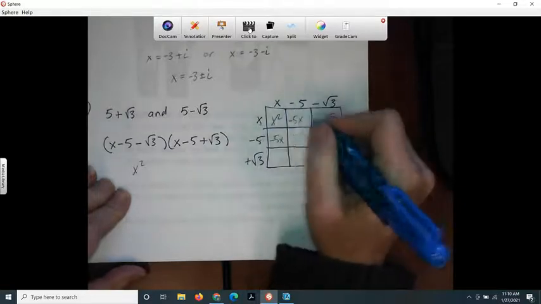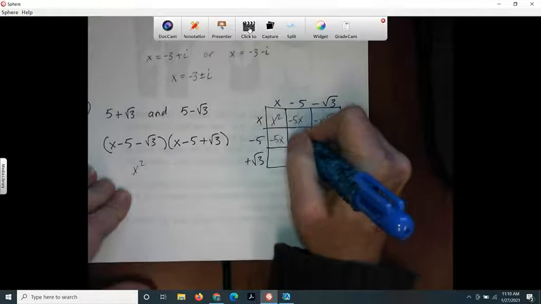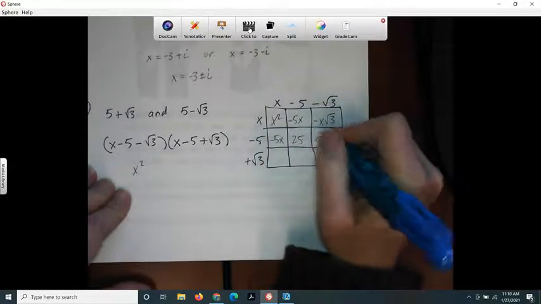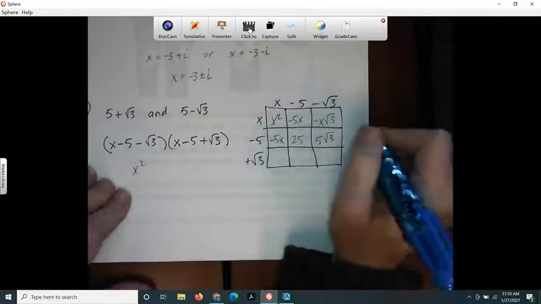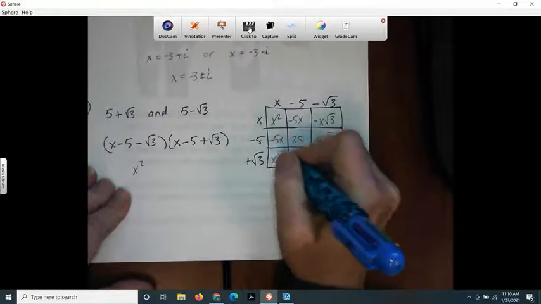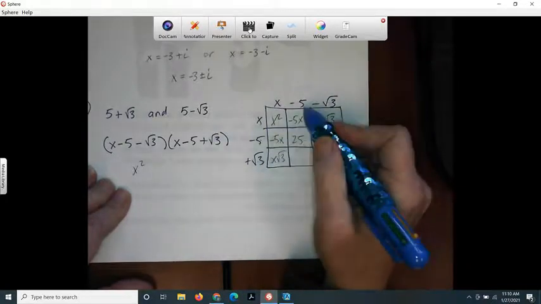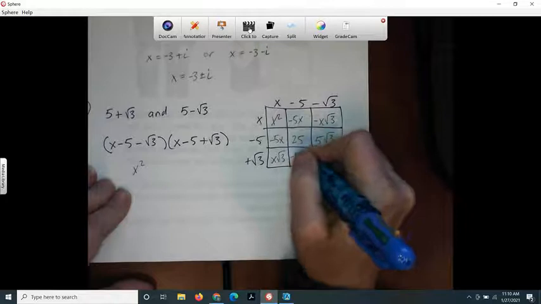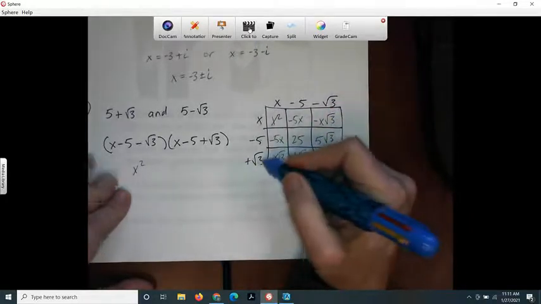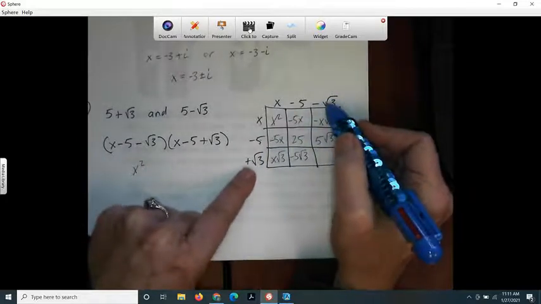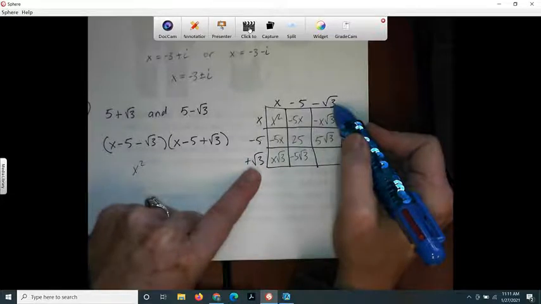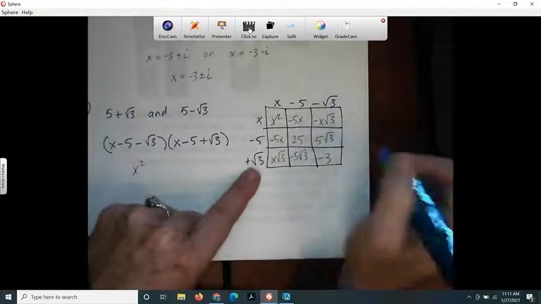This times this, that's 25. This one times this one is positive 5 root 3. This one times this one, x root 3. This one times this one, negative 5 root 3. And this one times this one, I've got a negative times a negative, and root 3 times root 3 is 3. So this gives me 3.